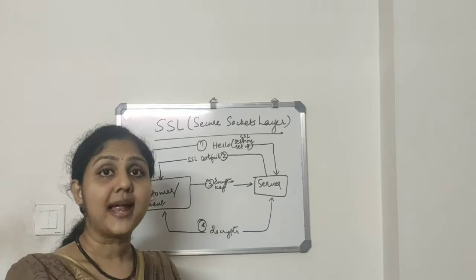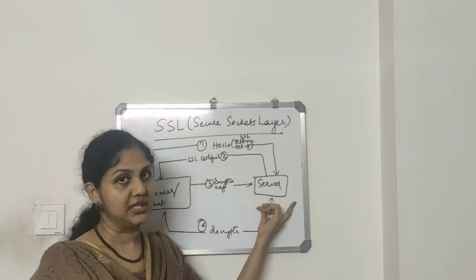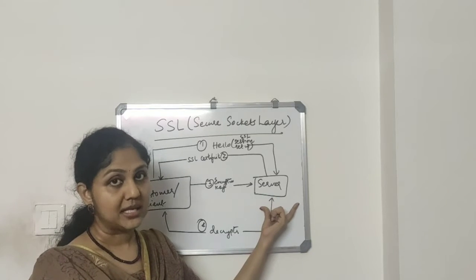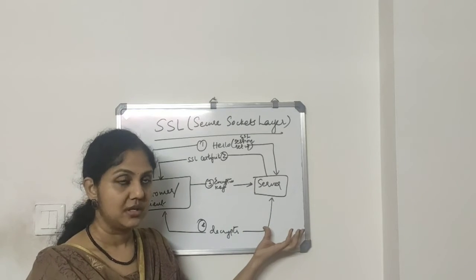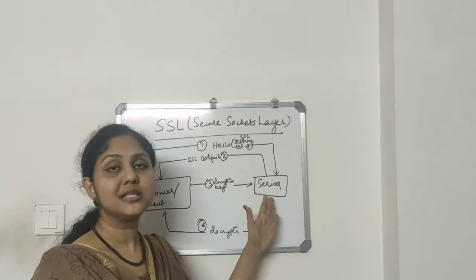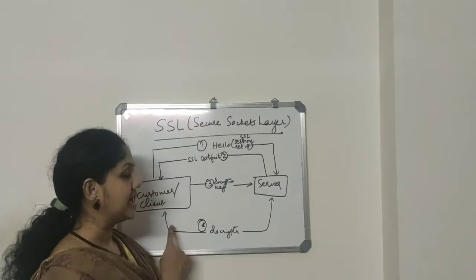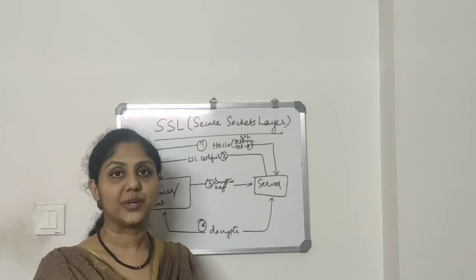Now the server can decrypt the session key using the server's private key. That means the session key. So once the session key is decrypted, the connection is established and they start communicating. We can start transferring data.